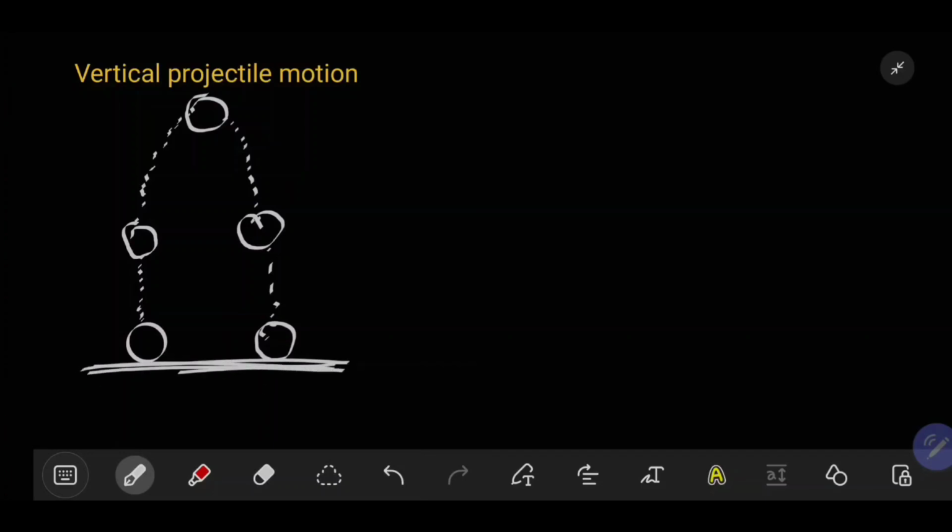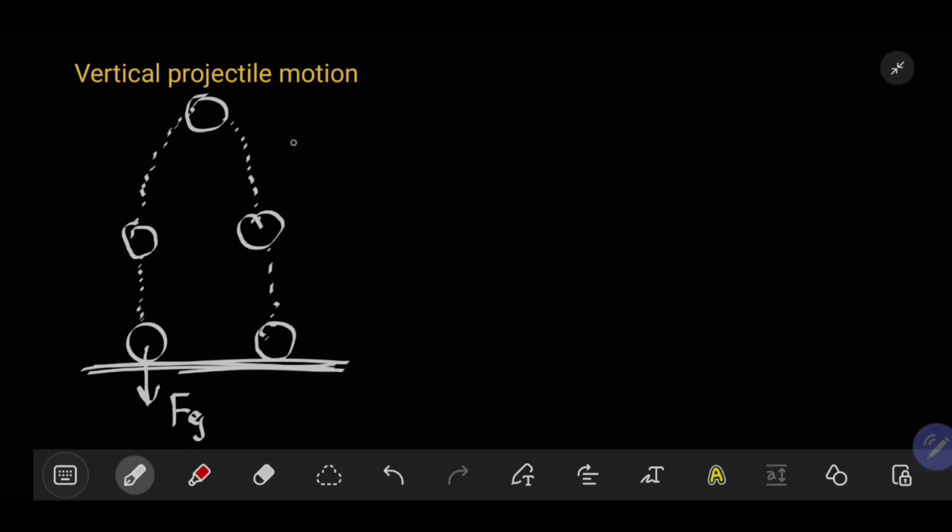So this is our reference point. The only force acting on this ball, as soon as it is released and projected upwards, is our gravitational acceleration, or our gravity.